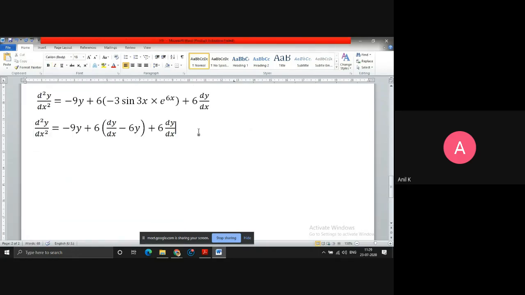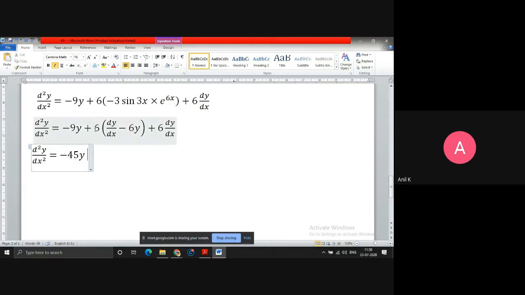Final further simplification, and the last step will come d square y by dx square equals to what you get here, minus 9y you have. If I open this bracket also, 6 into minus 6y will be minus 36y. So minus 9y minus 36 is going to be minus 45y.